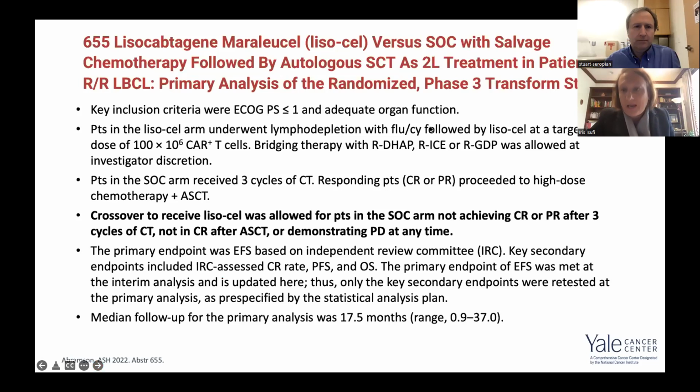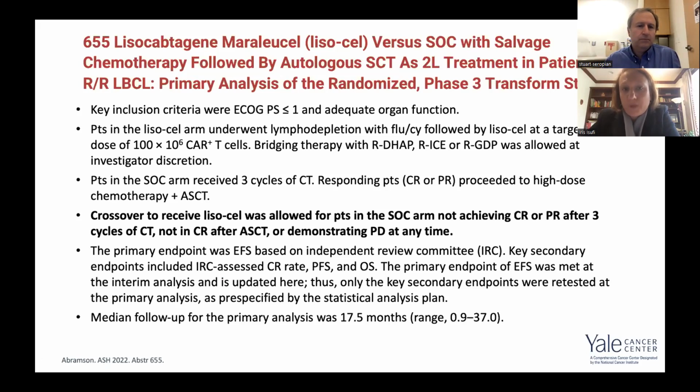So the first abstract that I wanted to present is abstract 655 that's looking at liso-cel, lisocabtagene maraleucel, and this is a cellular therapy product that is different from the prior ones on the market because it has a defined CD4 to CD8 ratio.